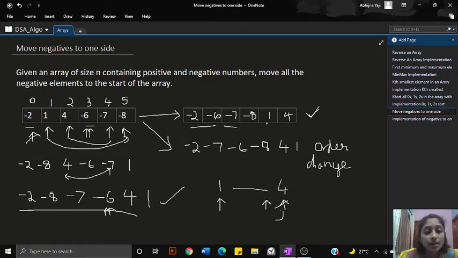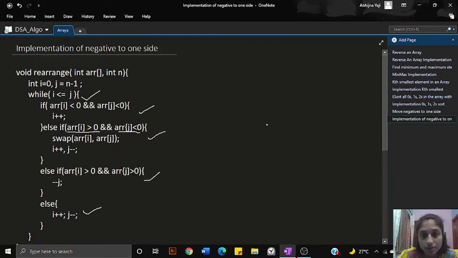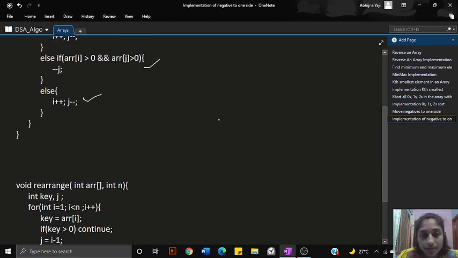A natural idea which comes to mind is, let me write it here. Okay, so suppose I have minus 1, 2, 3, minus 4, and let's say 5. Okay, now what will I do? See, minus 1 is in the correct position, I don't have to bother. Let me move to the next one.